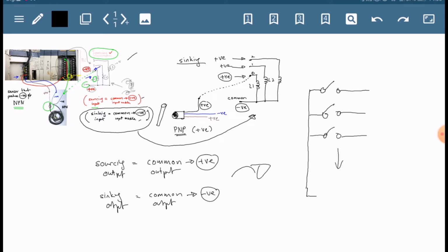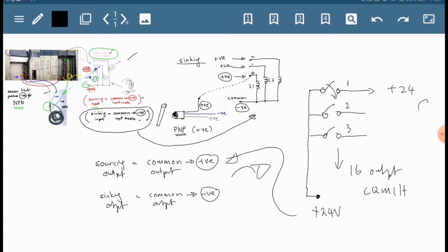We have 16 outputs for CQM1H. If your common is plus 24V, means you are setting the output as sourcing output. When the relay is energized, maybe this is relay number 1, number 2, number 3, depending on your program. If relay number 1 is energized, the relay inside the PLC will send plus 24.